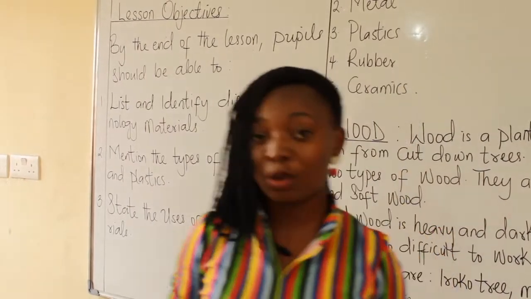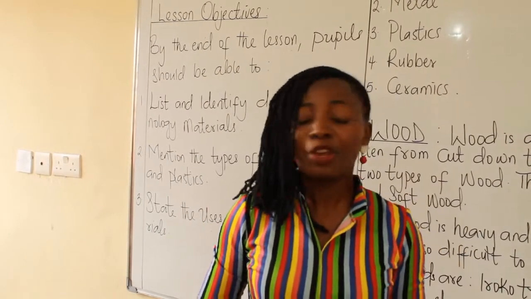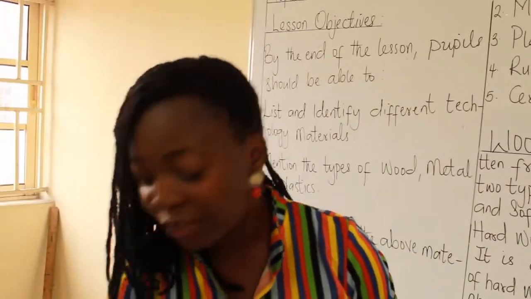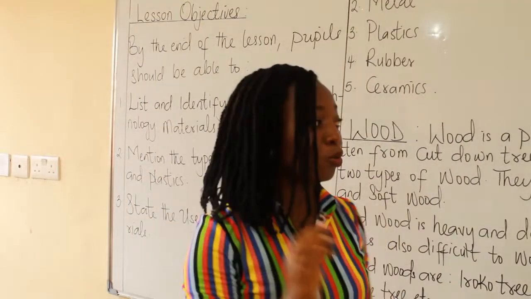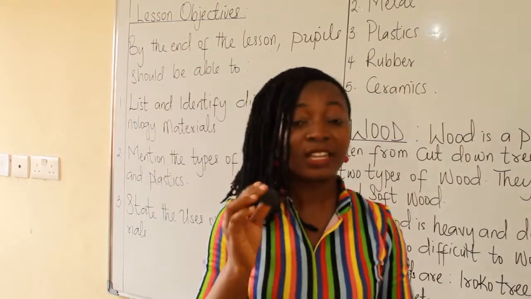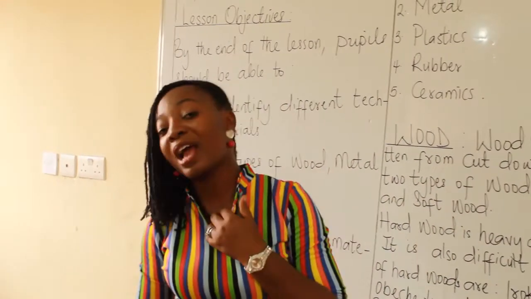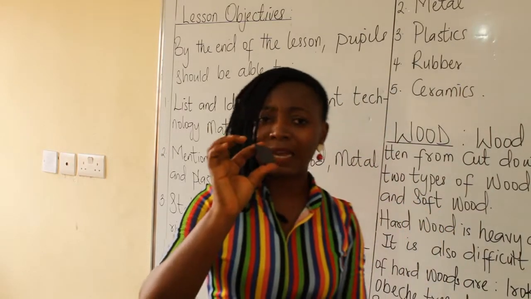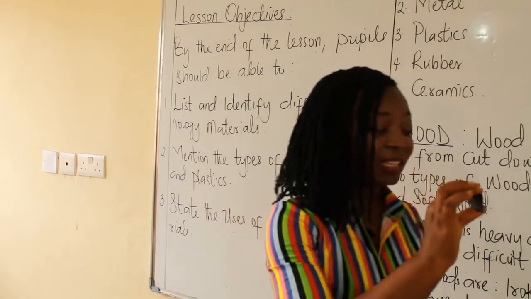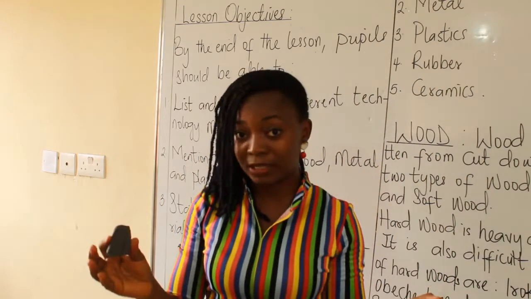So, you now understand what we mean by a ferrous and a non-ferrous metal. You can even try that at home. Get a magnet and check things at home to know those that are ferrous and those that are non-ferrous. Even some of our jewelries, maybe mommy has a gold necklace. To be sure it's gold, you can use a magnet. If it attracts, then it's not gold, it's gold coated.